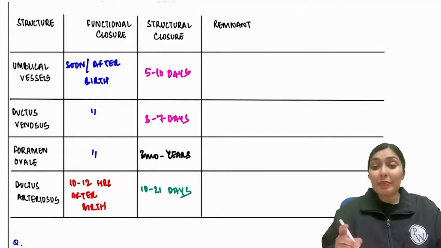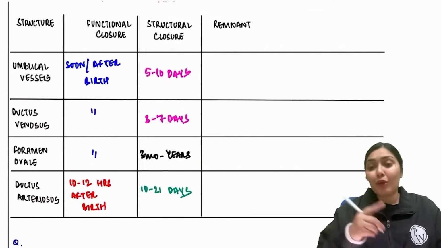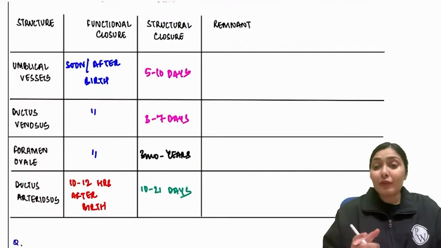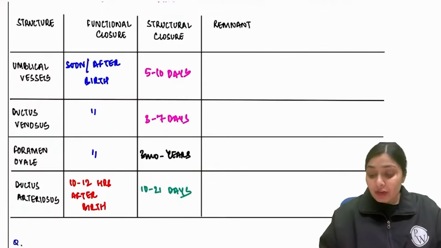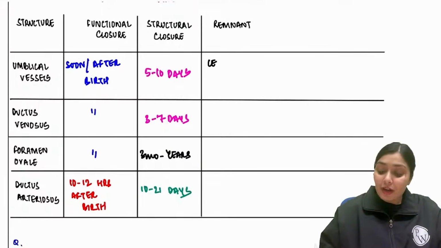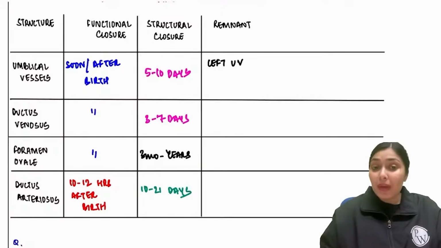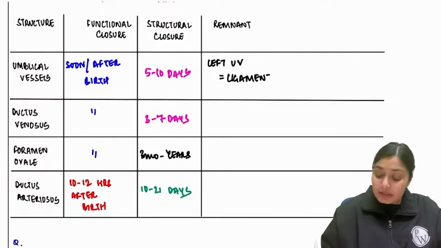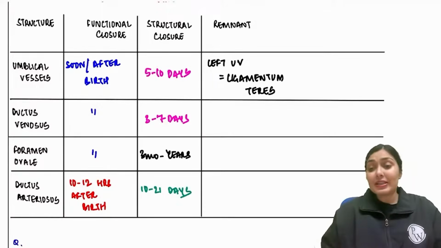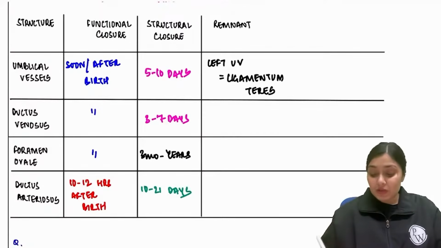And what would be the remnant structure? I told you the duct will form a ligament and the foramen will form a fossa. So the left umbilical vein will form the ligamentum teres, right? Left umbilical vein, ligamentum teres.